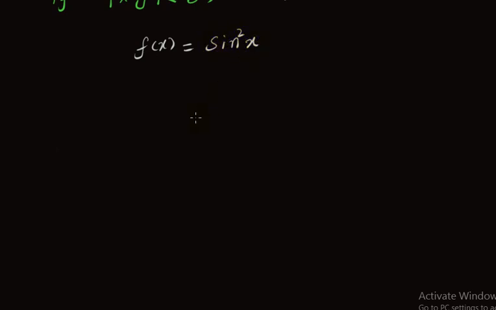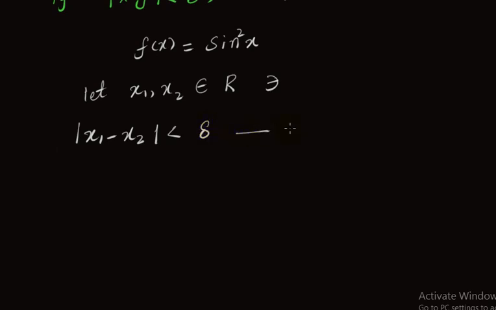We have to prove that this function is uniformly continuous on R. For this we take two points from R. Let x1, x2 belong to R such that mod of x1 minus x2 is less than delta, and this is our equation number 1.